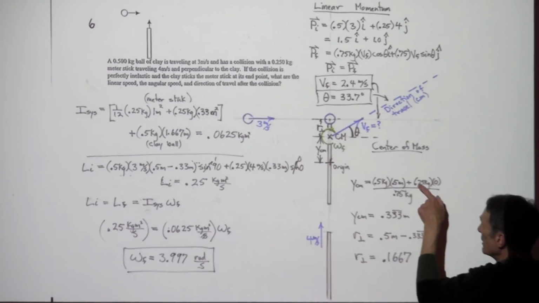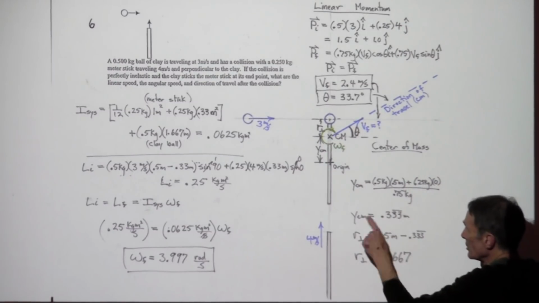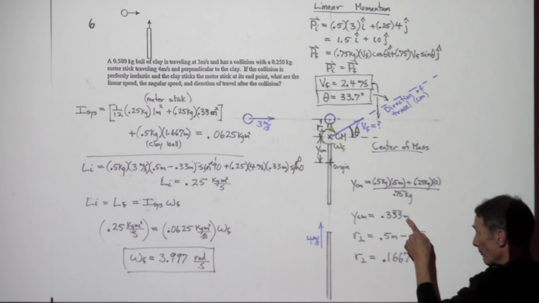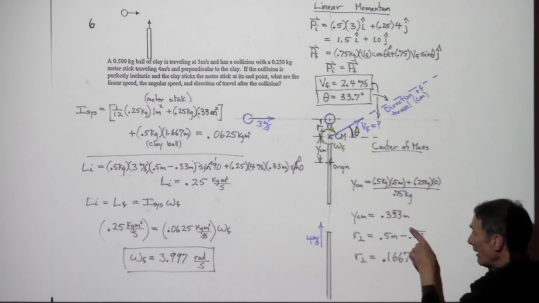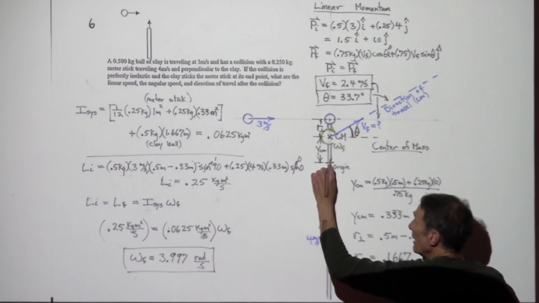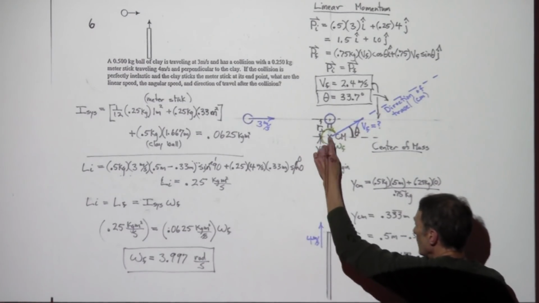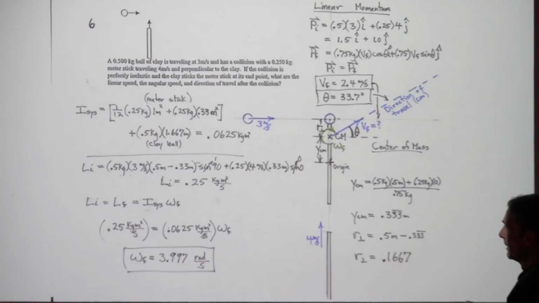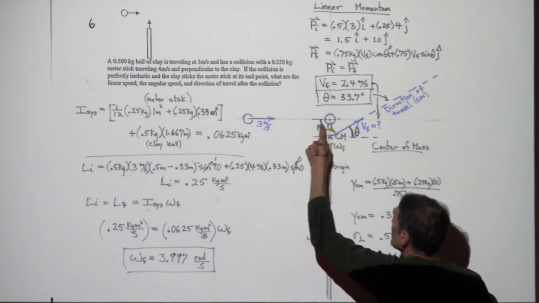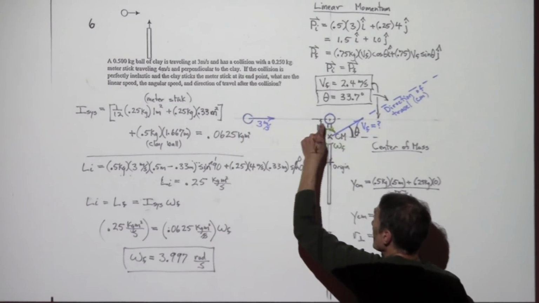We've got that. And this 0 kind of helps here, and I can solve for the y center of mass, 0.33, or about 1/3 of a meter. That is measured up from the origin. So that is a measurement from the center of the stick. Okay, now the clay ball is going to be traveling on a straight line.